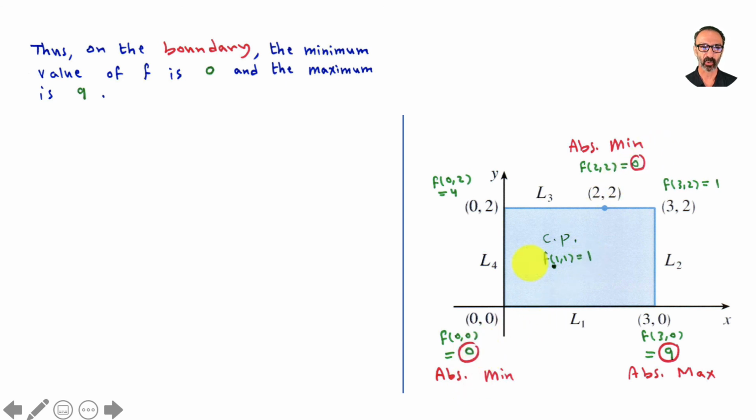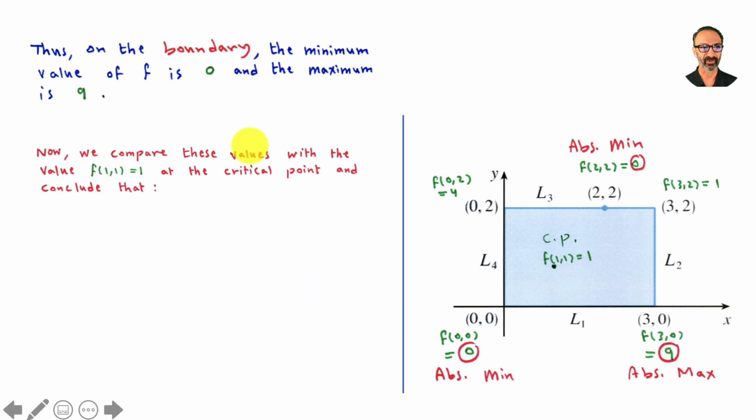These are the smallest, so we have an absolute minimum at 2, 2, and at 0, 0. This is the absolute max value, which is 9, and it occurs at 3, 0. And this is what I have right here for you. Of course, comparing it to this one, those are lower than 1, and this is higher than everybody else.